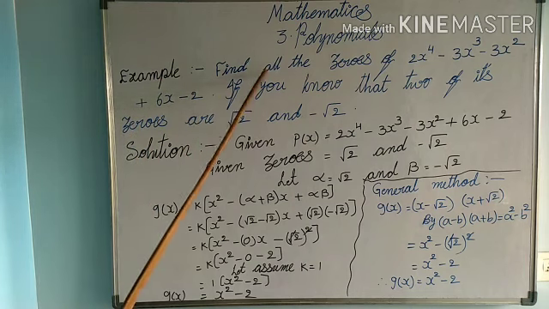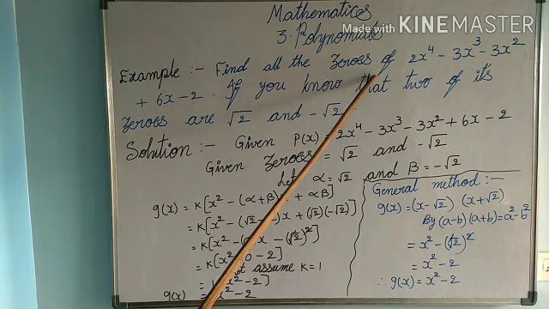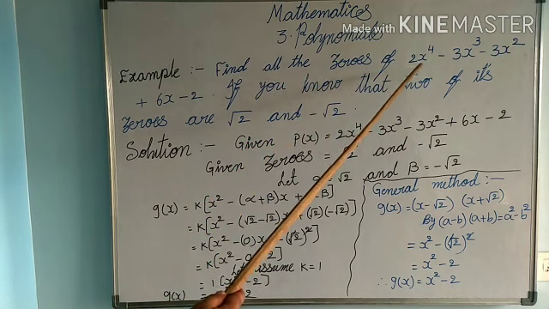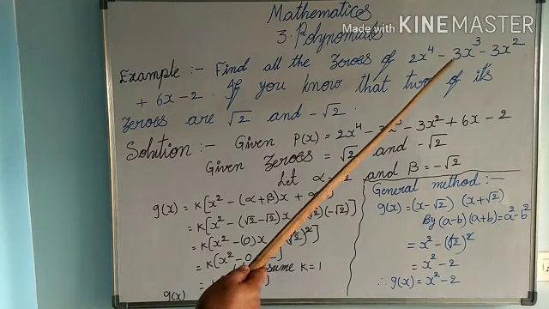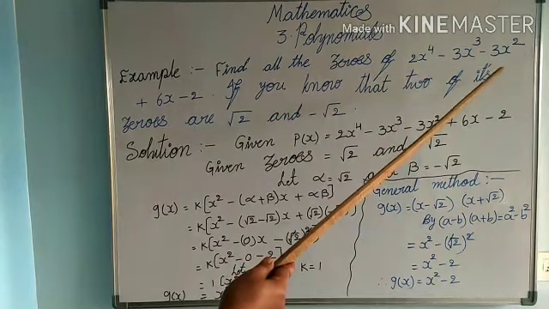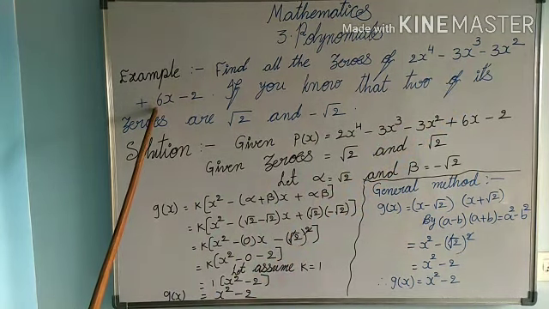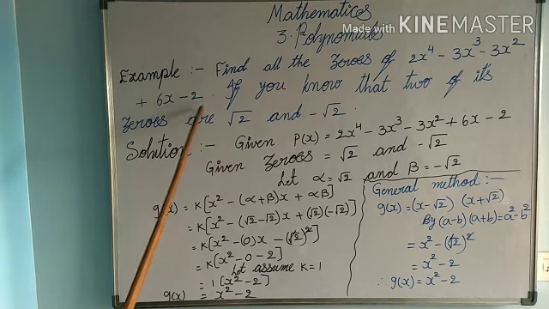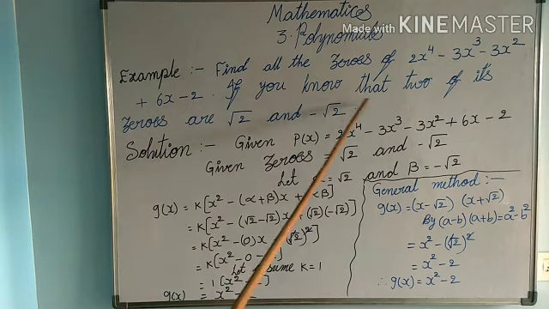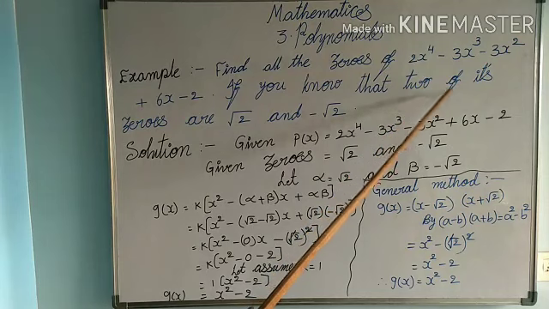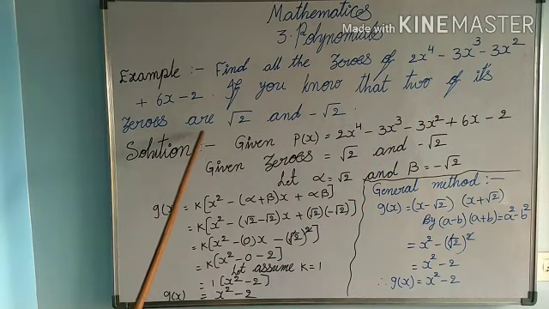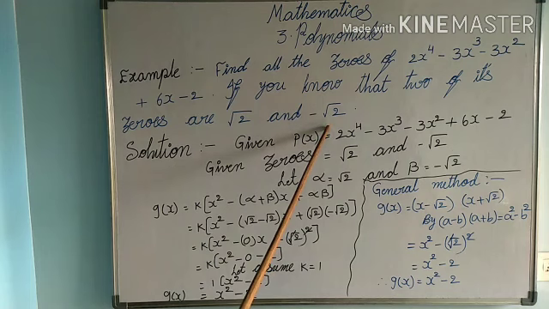Find all the zeros of 2x to the power of 4 minus 3x cube minus 3x square plus 6x minus 2, if you know that 2 of its zeros are root 2 and minus root 2.